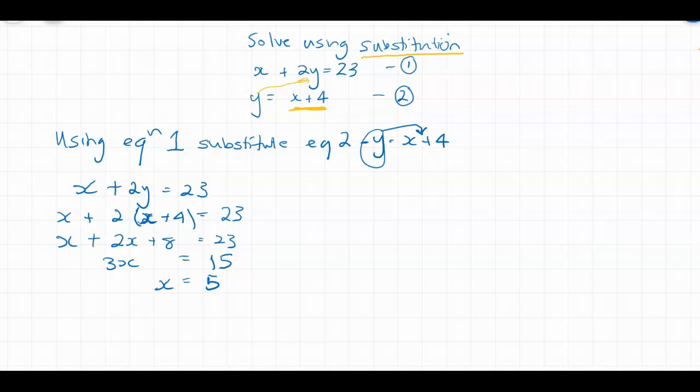So now I can use this value, x equals 5, to substitute back into equation 2 and see what y is equal to. Substitute x equals 5 into y equals x plus 4, that's equation 2.